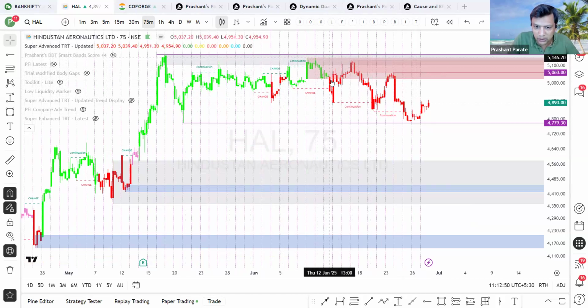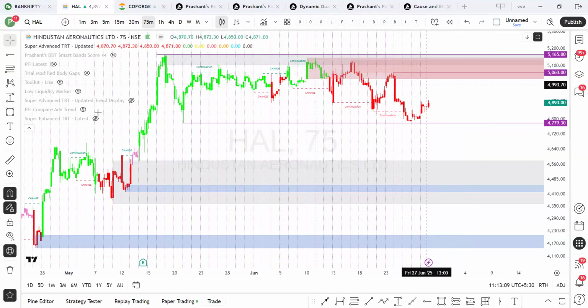So this area is already used once. It came down, went up, and again created a selling opportunity. See, this selling area and this selling area, both are used, and it came down. Again, it may come up to this and from there it may fall again. It is possible, but this area is getting used multiple times.